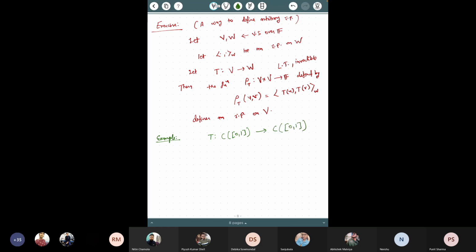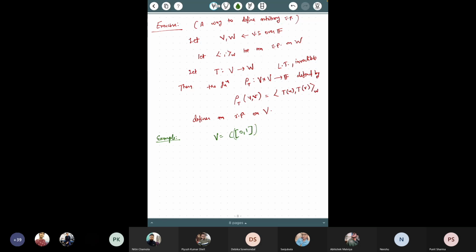This is the space C[0,1], the space of all continuous functions from the closed interval [0,1] to F, where F is either R or C. So let's say our V is C[0,1], the space of continuous functions from [0,1] to F.